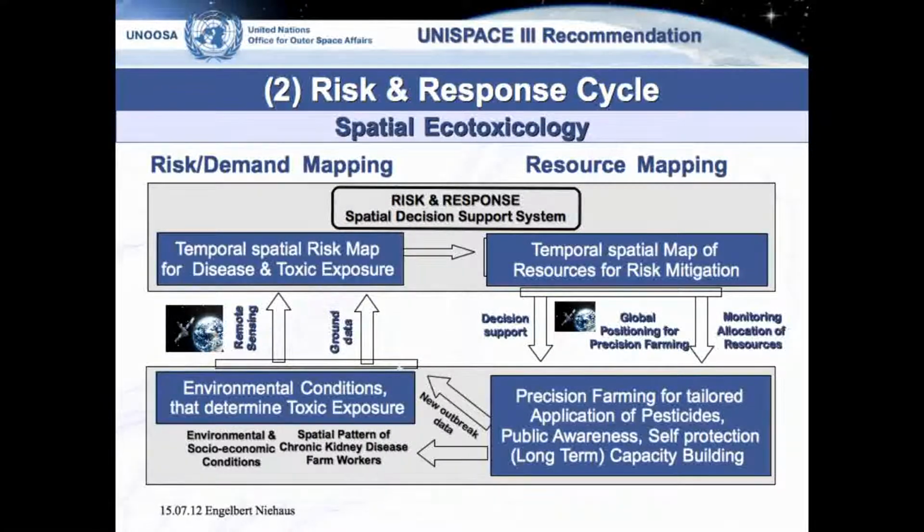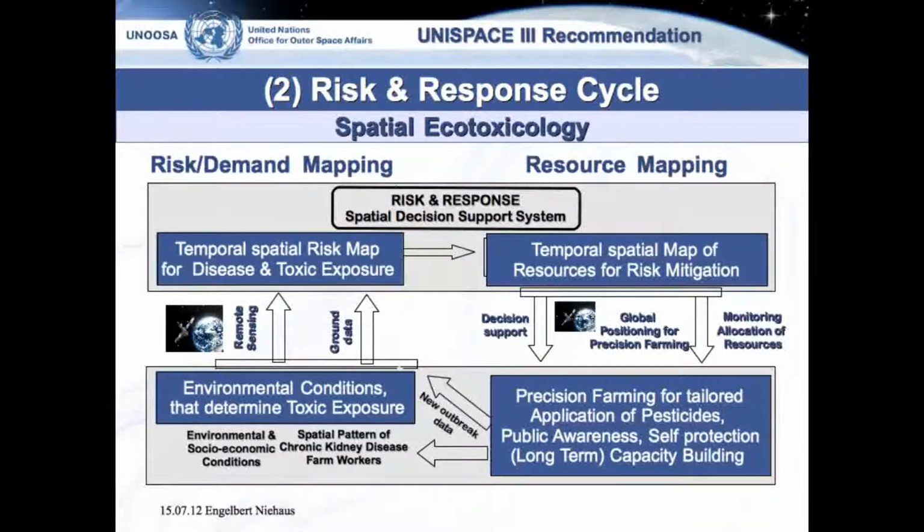For ecotoxicology, we're looking also at a temporal spatial risk map for a disease or toxic exposure. On the response side, the allocation of resources and use of space technology is focusing, for example, on precision farming for tailored application of pesticides.